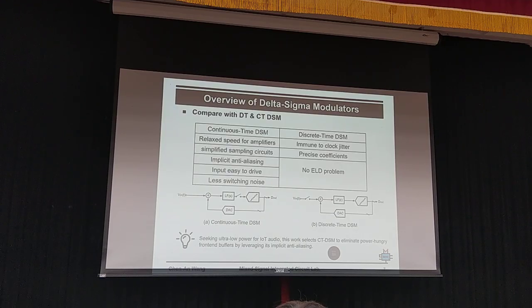In contrast, continuous-time delta-sigma offers relaxed amplifier speed, a simplified sampling circuit and low switching noise. So, thinking about ultra-low power for IoT audio, this work picks continuous-time delta-sigma to eliminate the power-hungry front-end buffer by leveraging its inherent anti-aliasing nature.